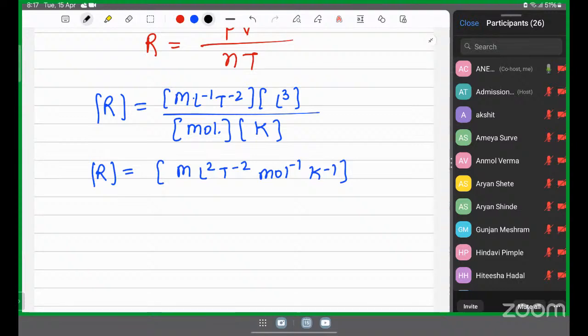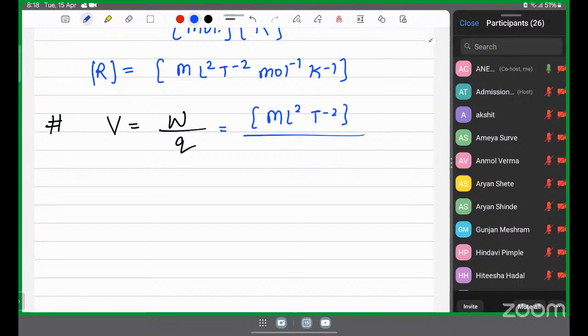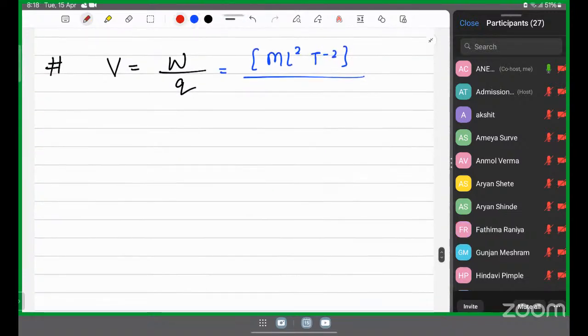Could anyone tell me the dimension of electric potential? Electric potential V is given by W by Q. Dimension of work done is ML2T minus 2. What is the dimension for charge q?